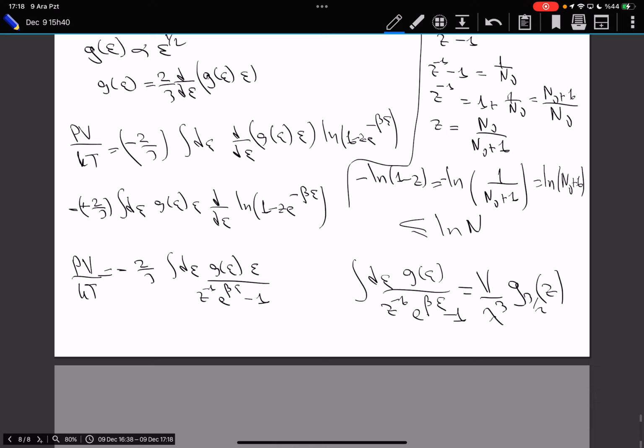I will basically use the same result. This is equal to, well, there's no minus sign, 2/3. I will get V over lambda cubed. Due to this epsilon, I will get an additional 1 over beta.